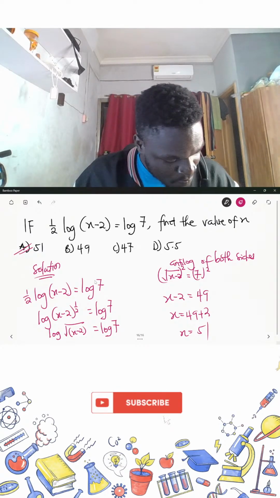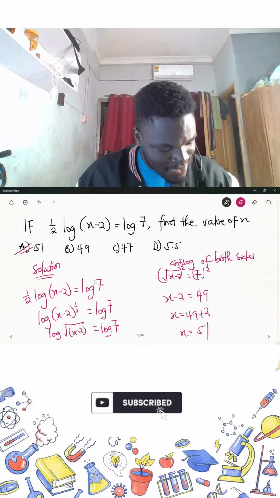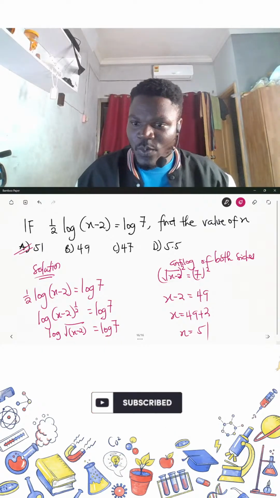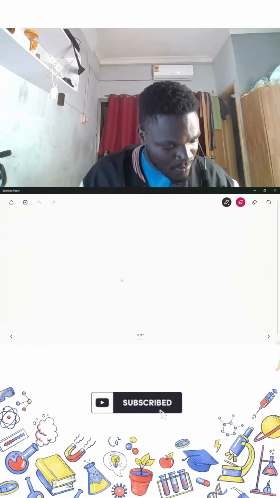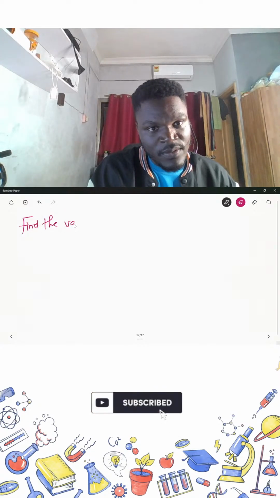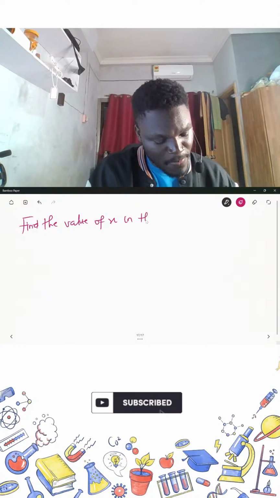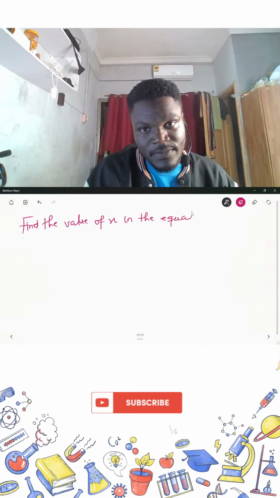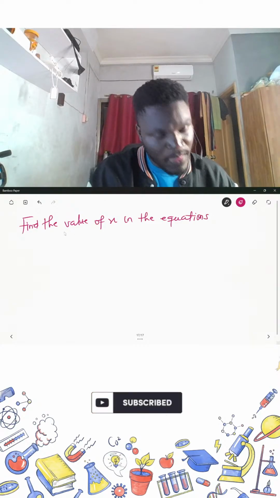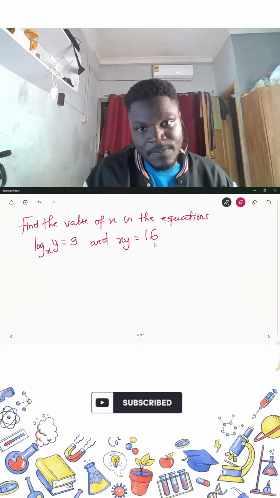Thank you so much. All right, let's look at another one. So we have here, find the value of x in the equations log base x y is equal to 3 and xy is equal to 16.